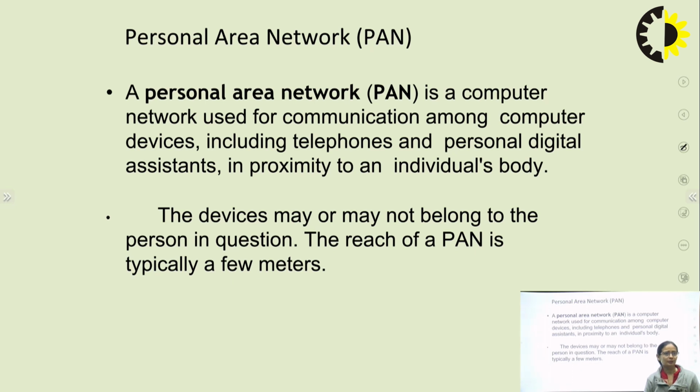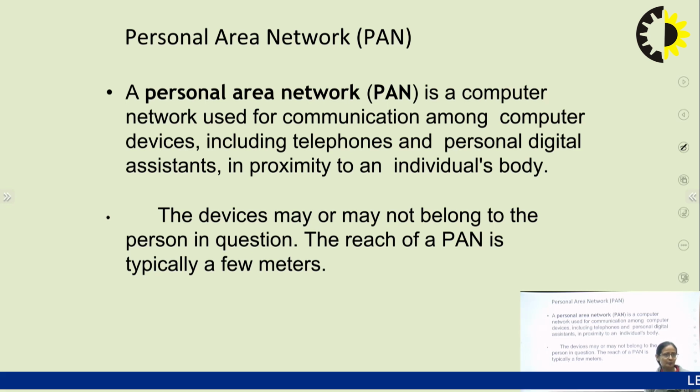So PAN is a computer network which is basically used for communicating among computer devices. These devices could be your telephones, your PDAs, or any device which is connected to your body, for example, your smartwatch and other smart equipment present within that proximity.